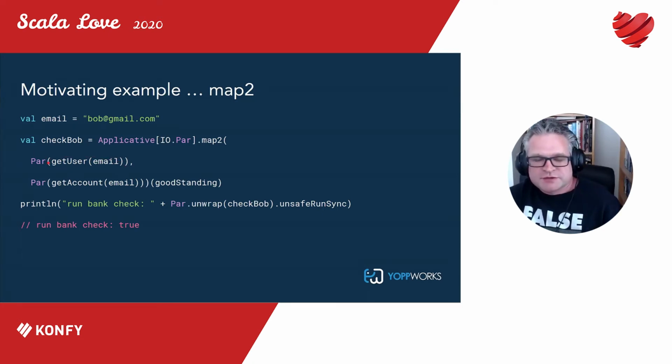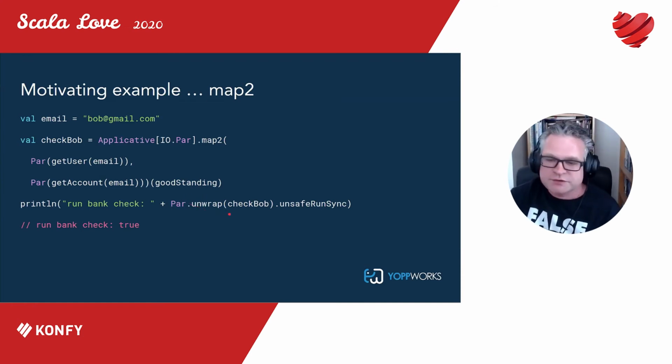What that does is, in cats, you can use the parallel type wrapper to say, I want to use the applicative of this type. So IO has IO par. Essentially, it's the same type as IO, but its implementation is applicative rather than monadic. And then at the end of our code, we need to unwrap it using the unwrap function. So apart from that, it's just the same as using an IO.